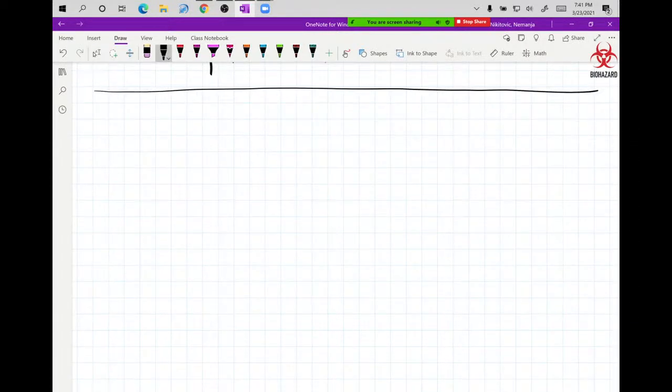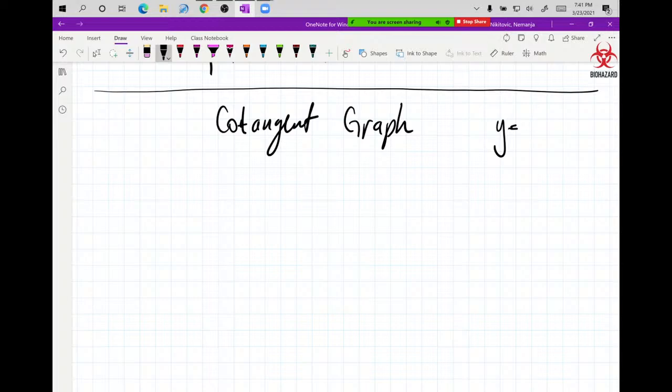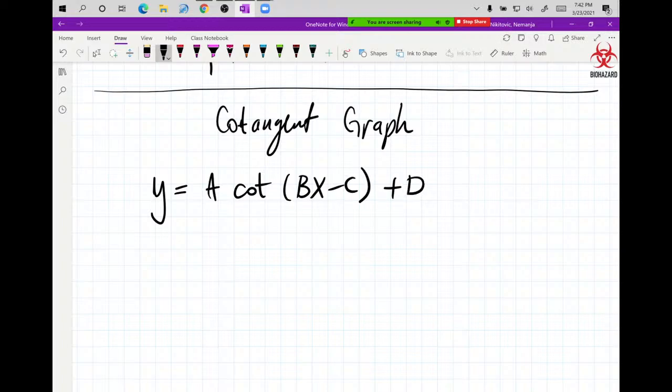And this one is different. Cotangent graph, and you have y equals a cotangent of bx minus c, plus d.